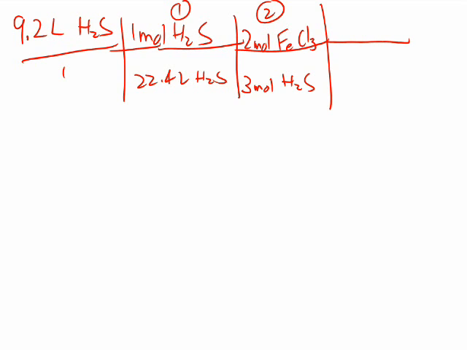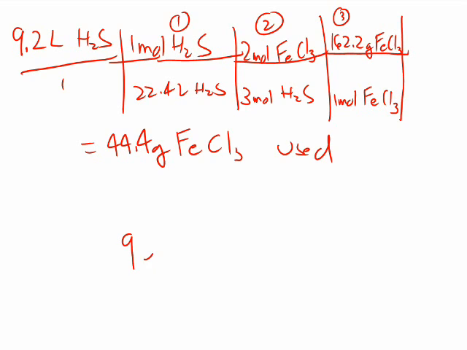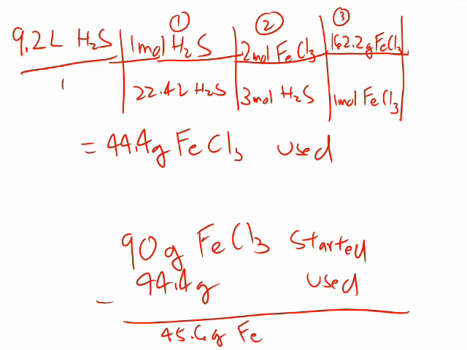So again, we're trying to find out how much iron chloride is used from the 9.2 liters of H2S. And then for 1 mole of iron chloride, we have 162.2 grams of iron chloride. So we'll see how many grams were used. 44.4 grams of iron chloride used. We were given 90 grams of iron chloride and we used 44.4 grams. We have 45.6 grams of iron chloride left in excess.